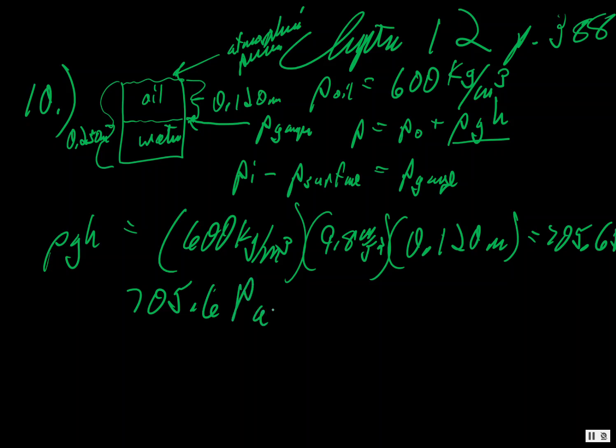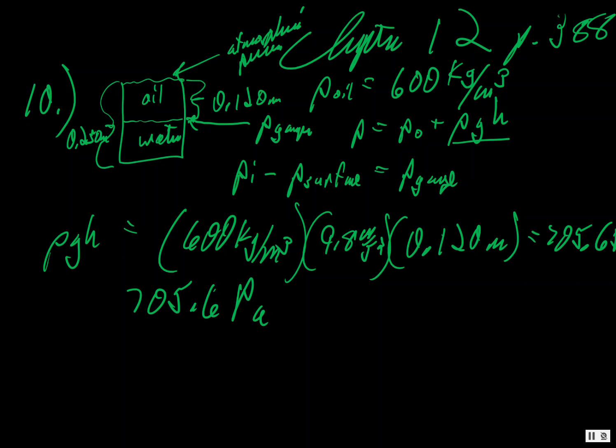And you say, how in the world do you get that? You've got a kilogram meter per second squared, which is a newton, and then you've got to get a newton per meter squared. A kilogram meter per second squared is a newton, and a meter over a meter cubed reduces to meter squared, so you have newtons per meter squared, which is a pascal.